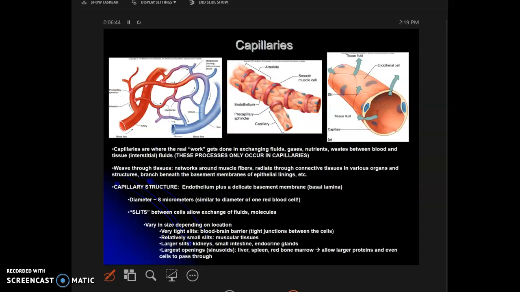Capillaries. Now, without going into too much detail, capillaries are where the real work gets done. Okay, that's where exchange takes place. The capillaries have spaces or slits, as you can see, and these slits will allow the blood to escape.